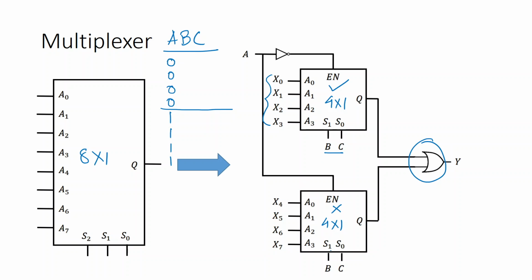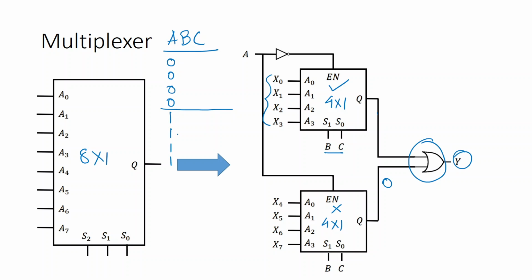X4 to X7 will never be passed because that mux is not even activated. Depending on BC, if BC is 0 0, this A0 is getting connected to Q, so X0 is passing to Q. If BC is 0 1, X1 is passing to Q, BC is 1 0, X2 is passing to Q, and BC is 1 1, X3 is passing to Q. And this output is connected through an OR gate, so basically this output is passing to Y, and here nothing is there because it is not activated.